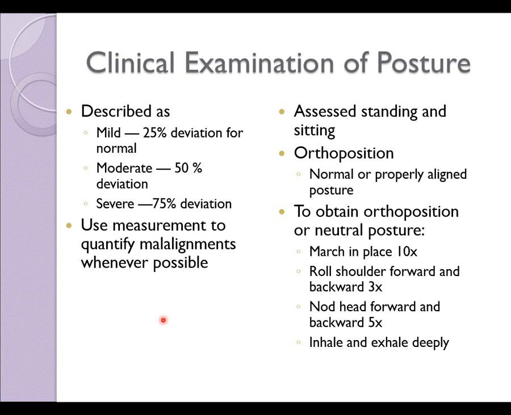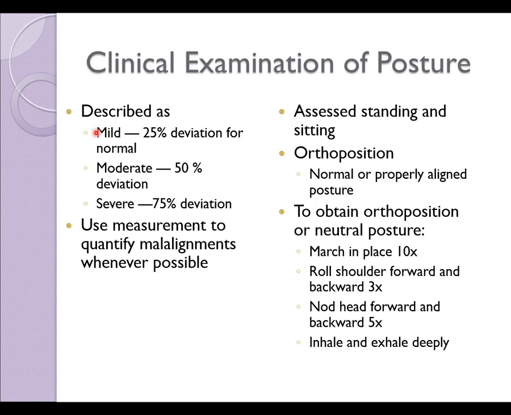Like I said, because posture assessment is relatively subjective and it's based on who's doing the assessment, if you're not able to measure, we tend to describe the problems as mild deviation, moderate deviation, or severe deviation, because it's not as specific, but it can still give you a way to grade the problem.